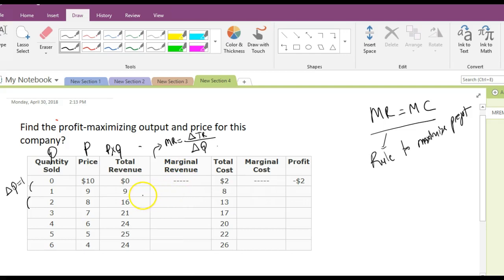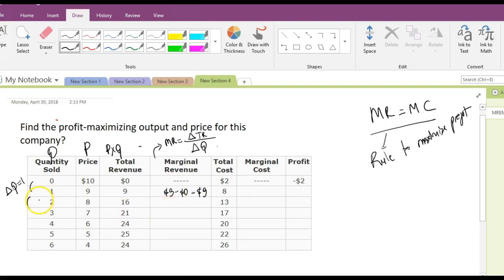So when I produce 1 unit of output, my revenue is going up from $0 to $9. So my marginal revenue will be $9. It is going to be 9 minus nothing, which is $9, when I produce 1 unit.